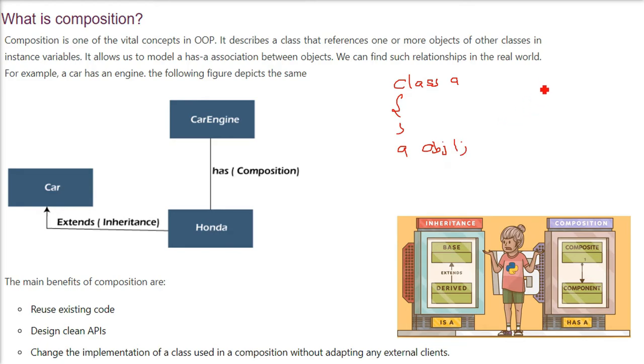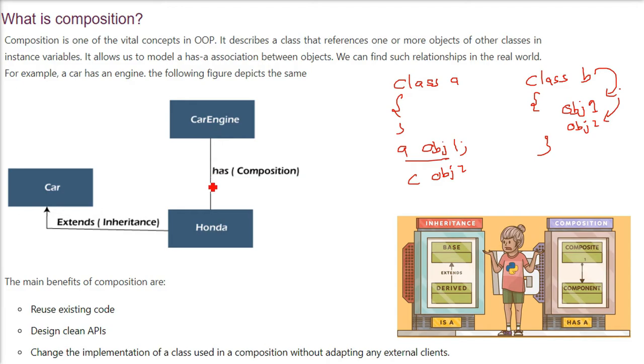Now you make a class B, and you are taking the object of class A and putting it in your class B, referring to the class A object as a variable. Say I am making class C also, with object 2. So class B has object 1 and object 2, one from class A, one from class C. This is composition, a has-a relationship.